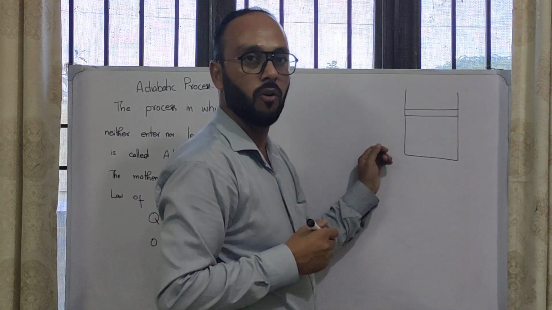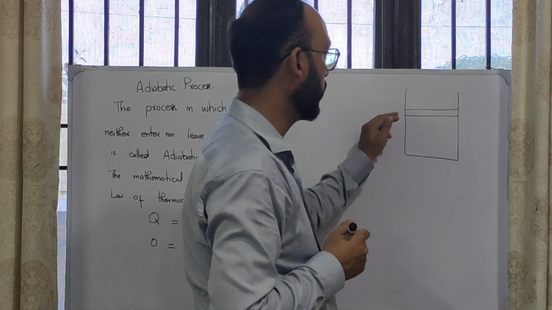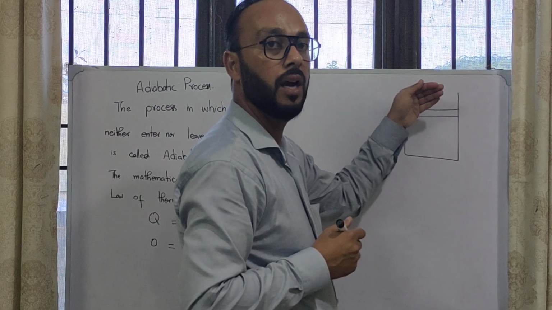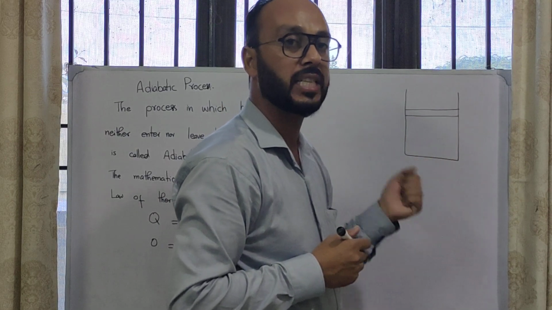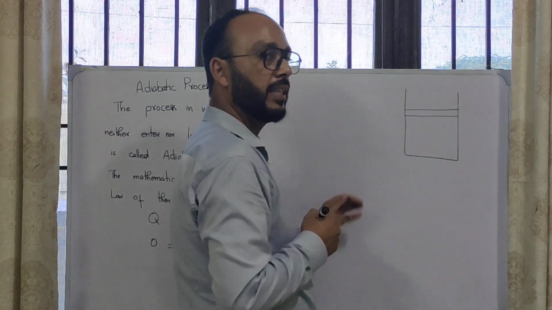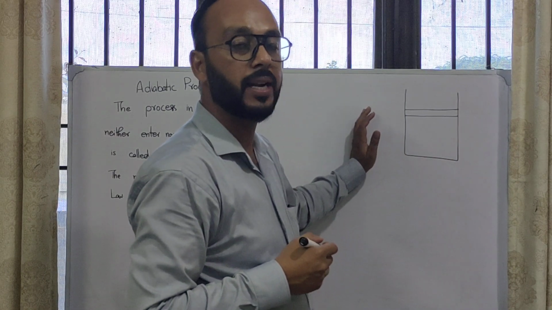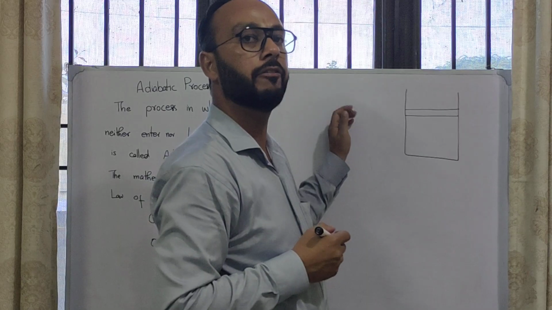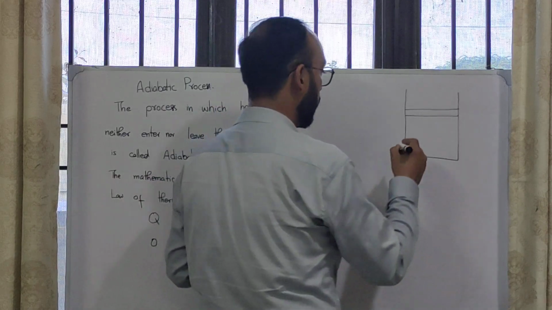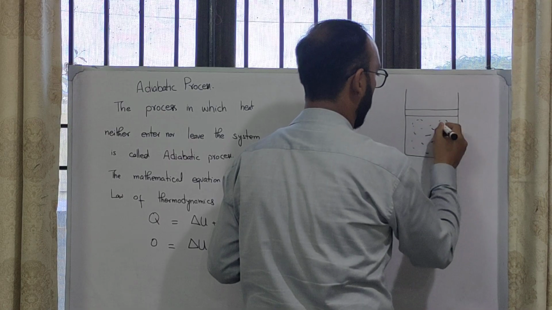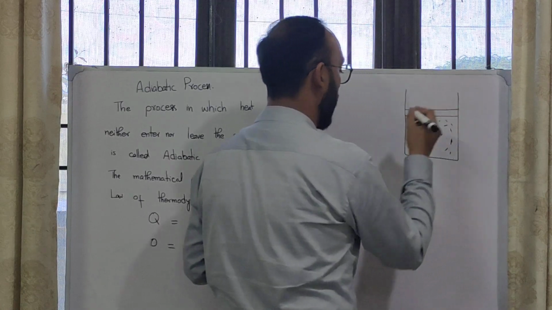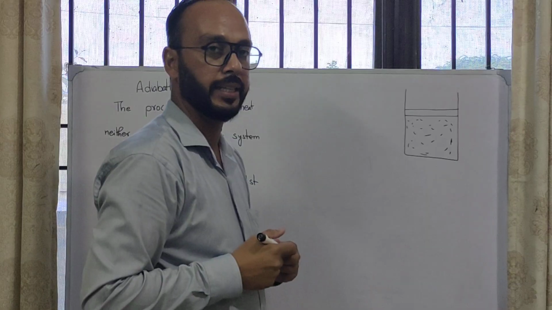In the first case, we allow the piston to move in upward direction, so gas is allowed to expand. Let's see, when gas is allowed to expand under adiabatic condition, what happens? This is our well insulated cylinder.